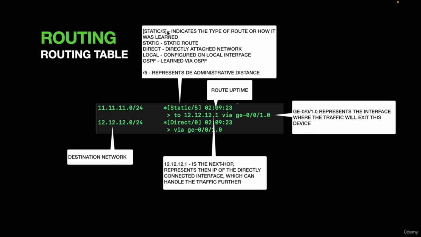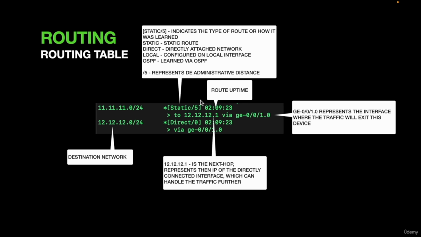We can have static routes, direct routes, local routes, and routes learned via OSPF, BGP, ISIS, and so on. The 5 here represents the administrative distance. The lower, the better. Each protocol has its own administrative distance, and it can be modified as you desire.